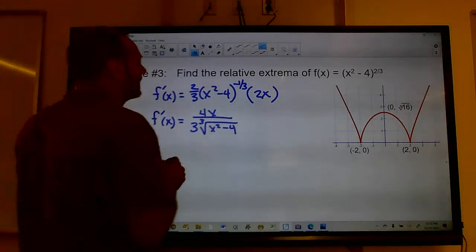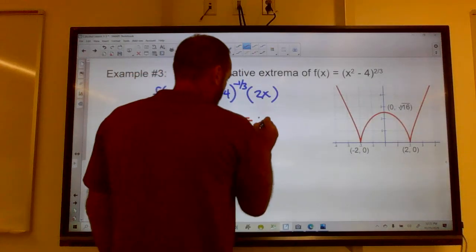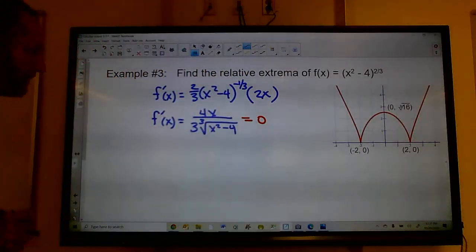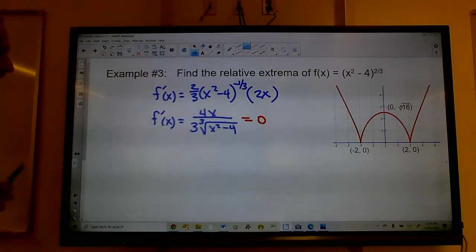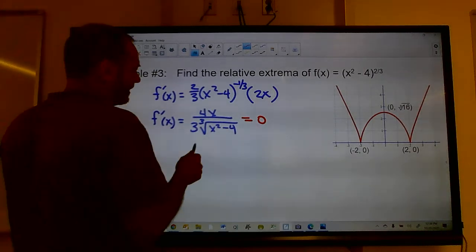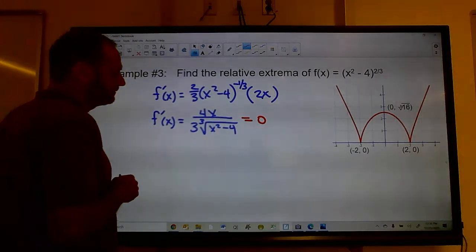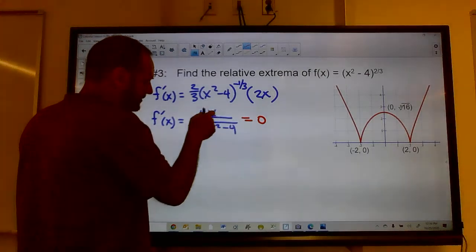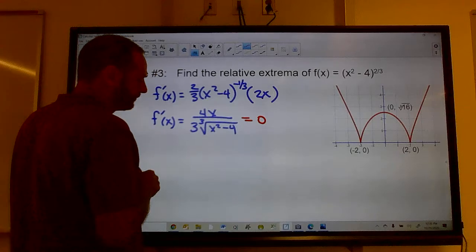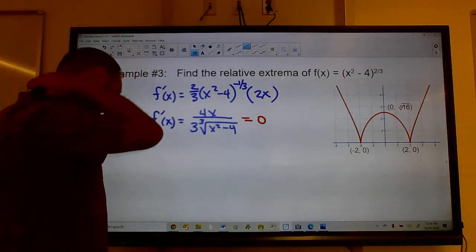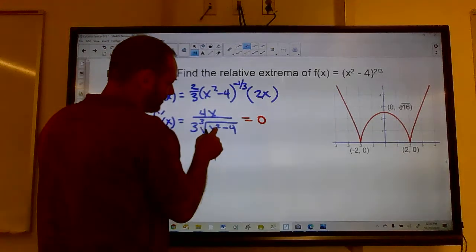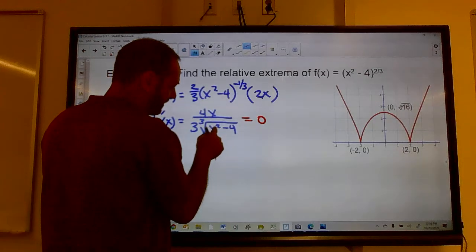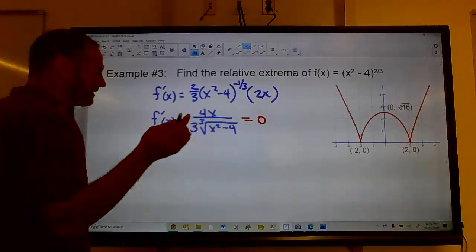All right, so let's set that equal to 0 so I can find the extrema. So it's going to be 0 in the numerator. And since I have a cube root down there, I got to be careful at the bottom, but if I put a 0 in here, I get a cube root of -4, which is some number I can do.